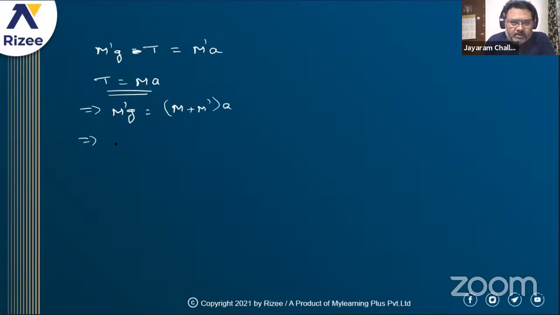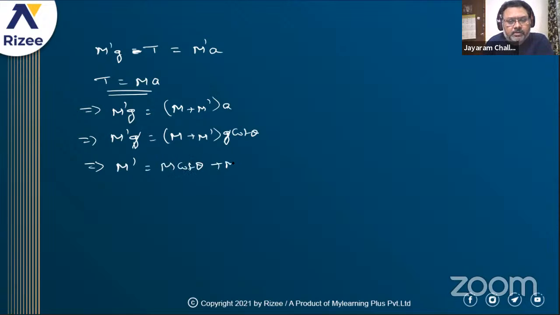So from this one, we have got the value of a. Substituting here, m dash g is equal to m plus m dash into g cot theta. So g removed, from this one, what is the value of the m dash? m dash is equal to m cot theta plus m dash cot theta.